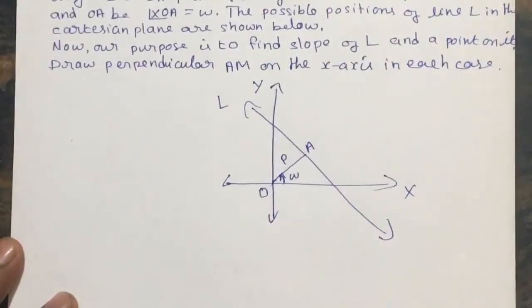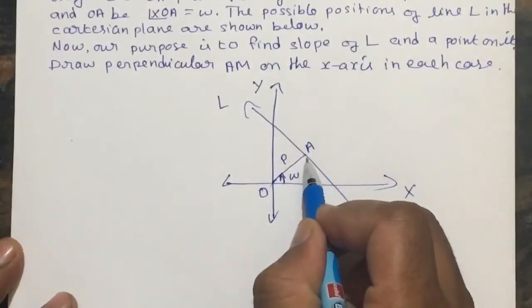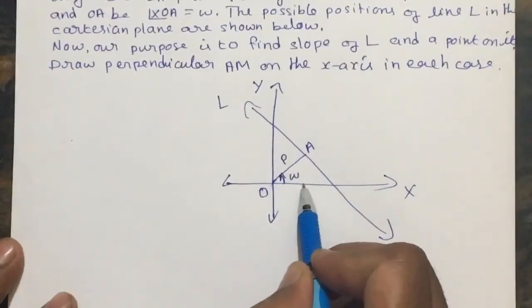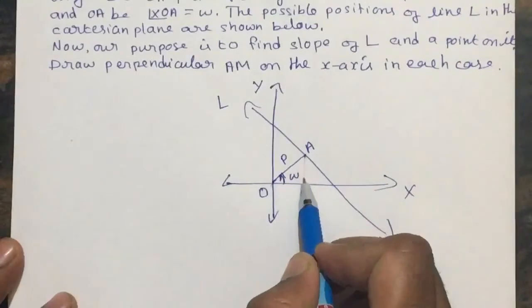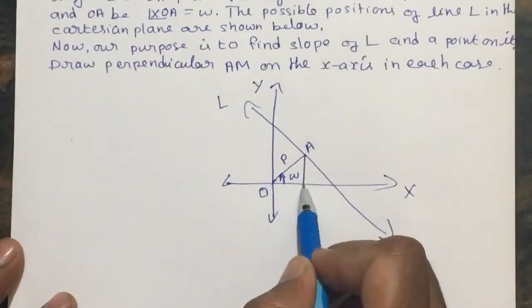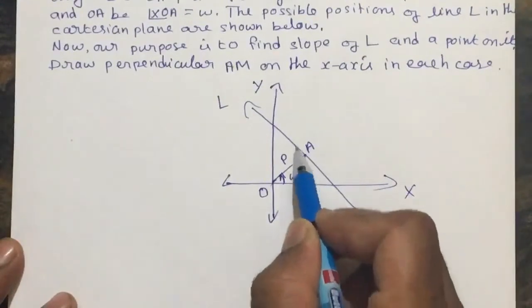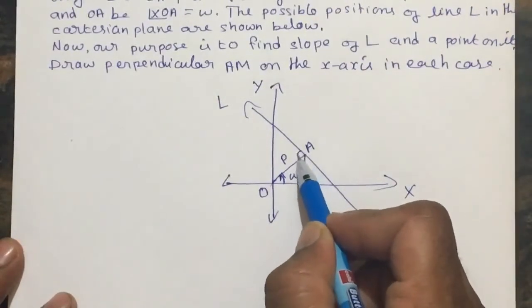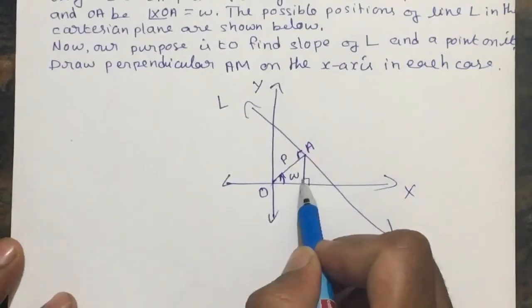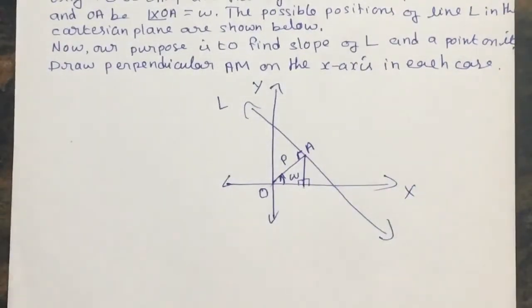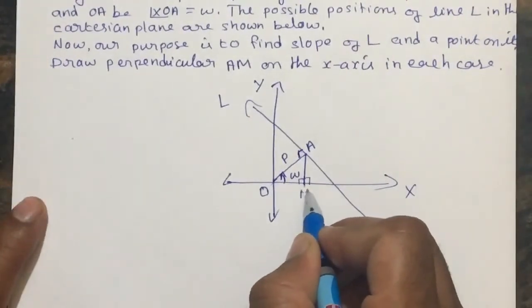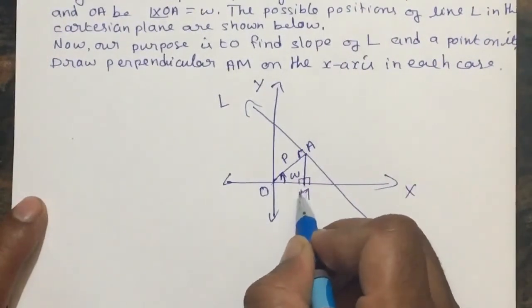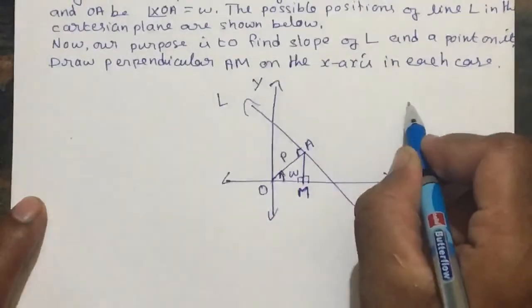So we'll draw a perpendicular AM on the x-axis. From the x-axis we draw a perpendicular to point A. So this is 90 degrees, and this is also 90 degrees. Now to find this point A, I call this point M. I'll take sin theta and cos theta.